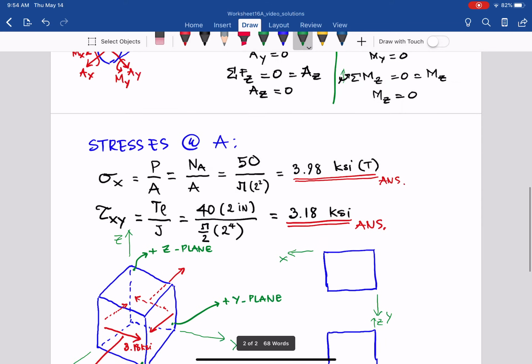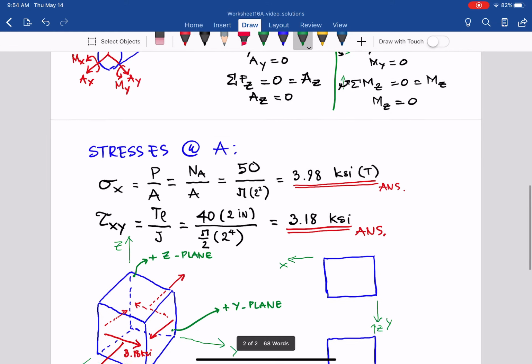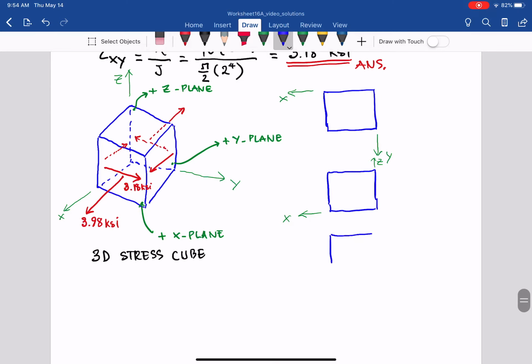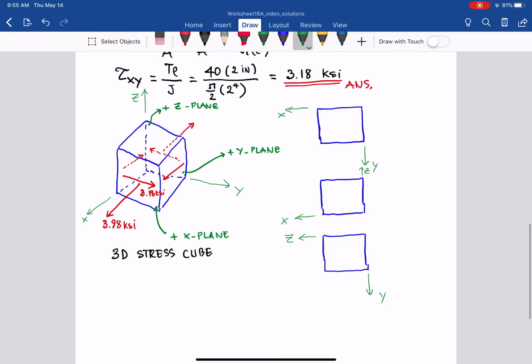And then we have a YZ. So we have another stress block here, YZ. So this is YZ, and this is Y.